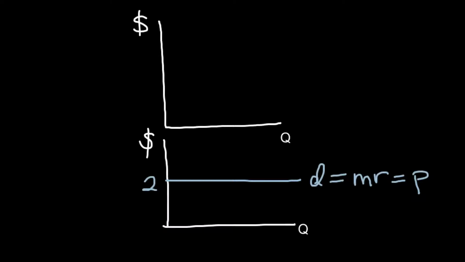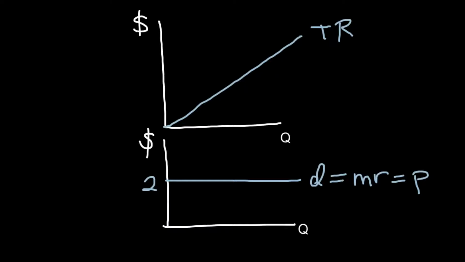All right, so if they're going to earn $2 every time they sell a unit, they're going to have total revenue of $2 when they sell one unit, total revenue of $4 when they sell two, total revenue of $6 when they sell three. So for every unit they sell, they're going to earn exactly $2. And so graphically, your total revenue would look something like this.